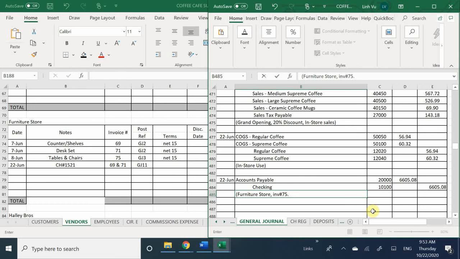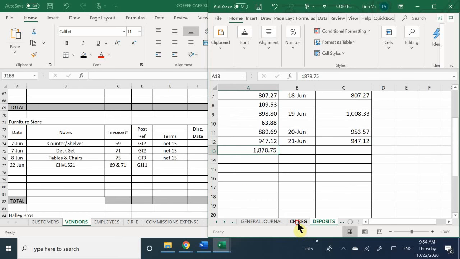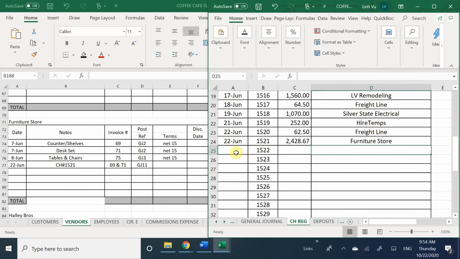And we need to write a check. So we need to go to the check register. Let me write check 1522 because I'll forget just like that.